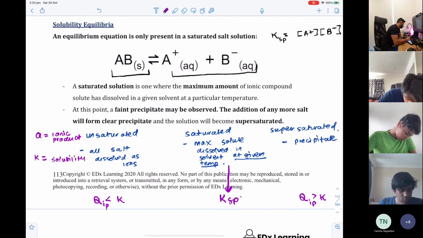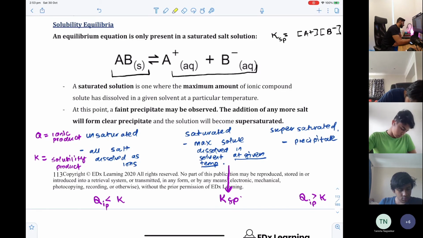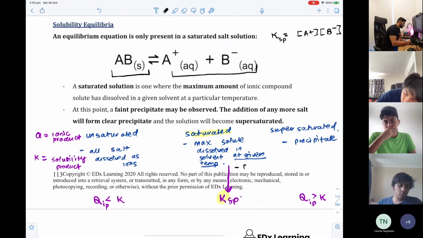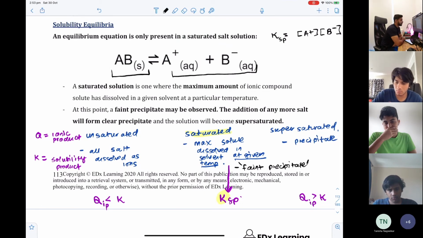And if you forget everything else here, remember, you can only ever use K when a solution is saturated. And the way they'll cue you to this is they'll tell you it's saturated, or they'll tell you there is a faint precipitate. Faint precipitate. Does that make sense so far?